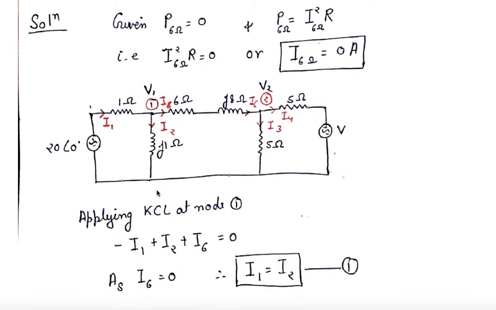So V1 minus 0 divided by 1 ohm. I6 is not required, and I3 will be V2 minus 0, since it is ground, divided by 5, and I4 is V2 minus V divided by 5.